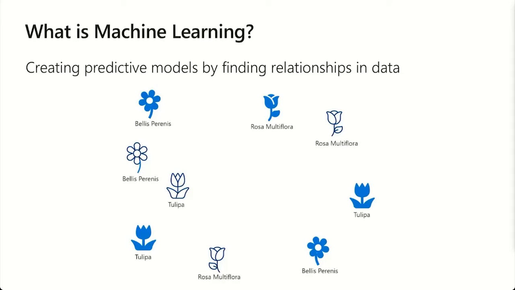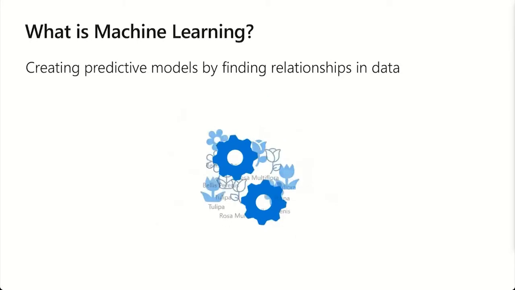So I'm doing this, and you can see here I provided some labels. On top left, you can see 2 flowers, and I labeled those Bellis perennis, and on the top right, I named them Rosa multiflora. Now, this sample data I can process using an algorithm, and this algorithm is going to find the relationships between the features and the labels.